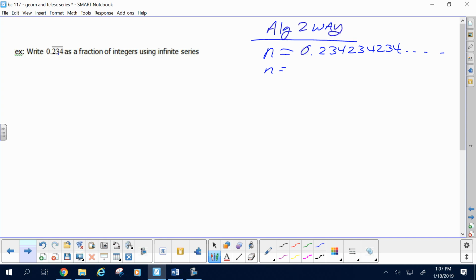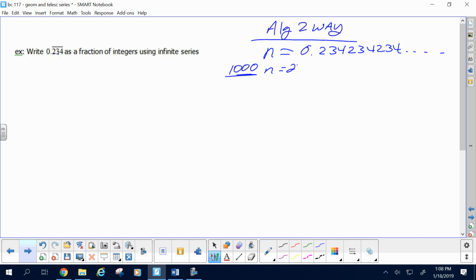So I can either multiply or divide to shift it over 234. Let's multiply by, what should I multiply by to shift it over 3 places so I get a new 234? 1,000. Is that always 1,000, or is that a product of this problem? This problem. What in this problem means 1,000? There's 3 repeating. If it was 3 repeating, you multiply by 1,000. If it's 2 repeating, you multiply by 100, so on.